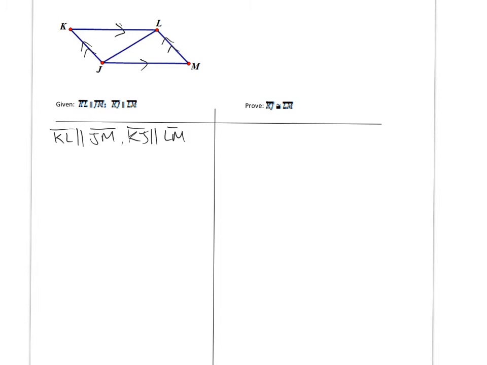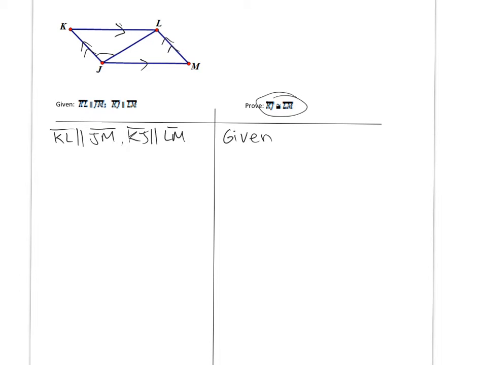So when I have this kind of setup, I know I'm going to need to use lots of those parallel line theorems. And my goal is to prove the segments congruent. Well, to prove the segments congruent, I'm going to have to prove the triangles congruent first. So that's my goal. So the first thing I'm going to do, though, is I need to have things to prove. I don't have any angles or any sides right now listed in my proof. So let's take a look.